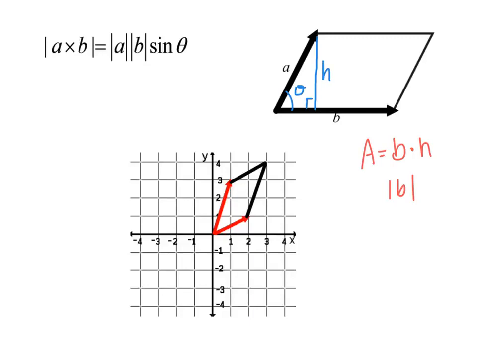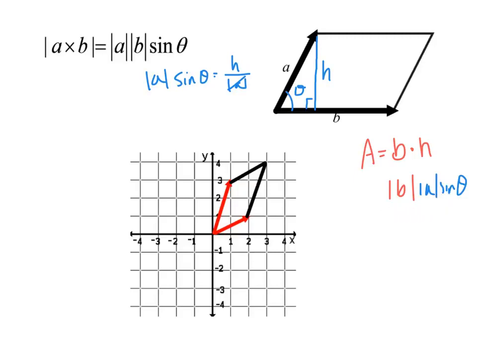I would do sine of theta equals opposite over the length of a, magnitude of a, so you could multiply both sides by that. Putting that in place, you'll see our cross product formula.